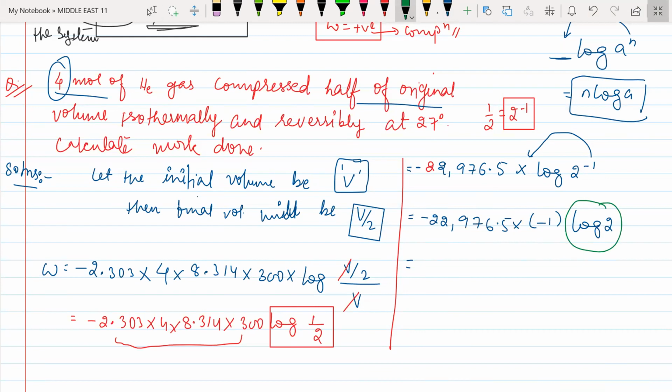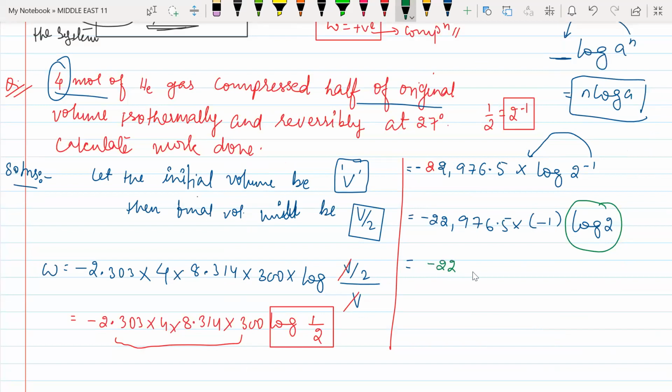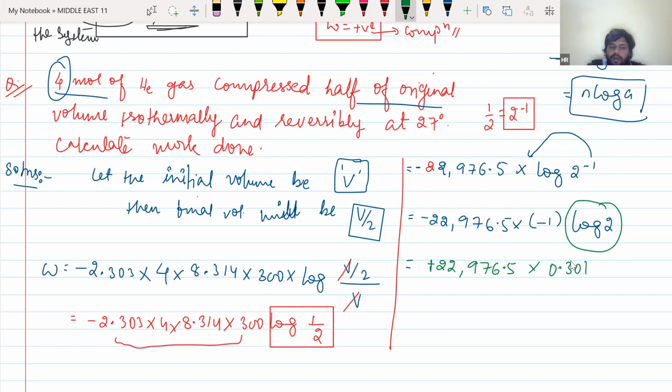Am I audible? Yes, sir. So what I just asked is, what is the value of log 2? You can see 22,976.5 into minus 1 will be in plus, and it will be 0.3010. If we multiply 22,976.5 into 0.3010, it will come out to be 6,915.9 joule, and it will be positive.